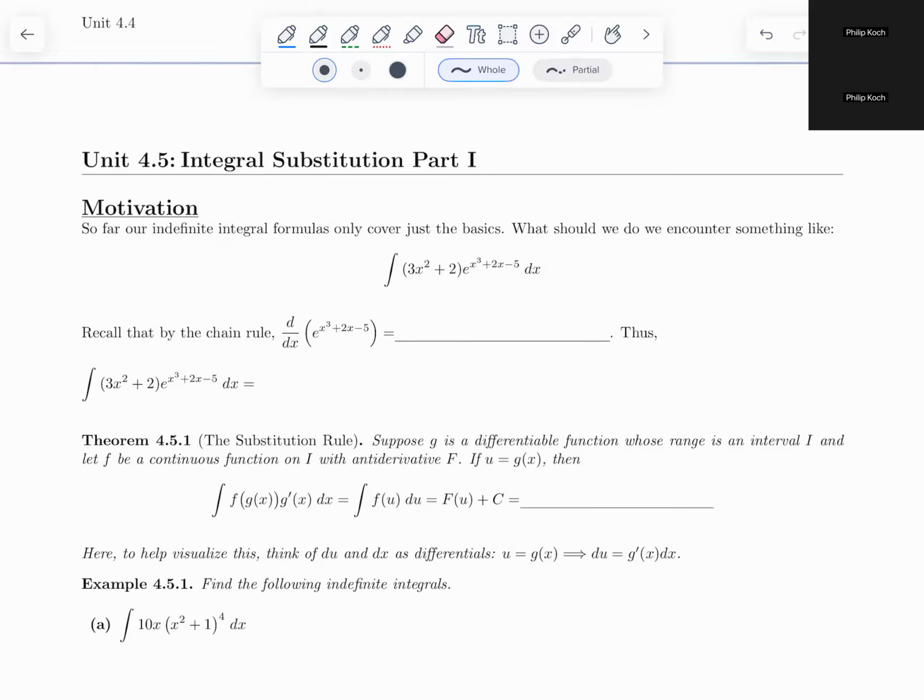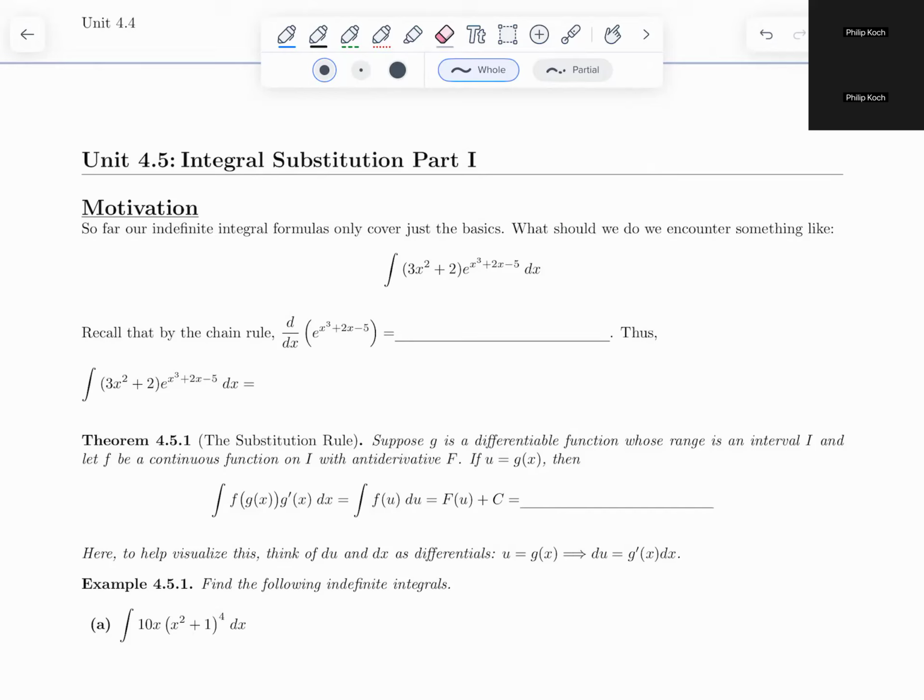There are certain functions that are integrable, they do have an antiderivative, but there's no method we've discovered that actually computes them. And so that's what we're starting to do right now. This is the start of what we'll go over in 182, which is the techniques of integration, the starting one being integral substitution.